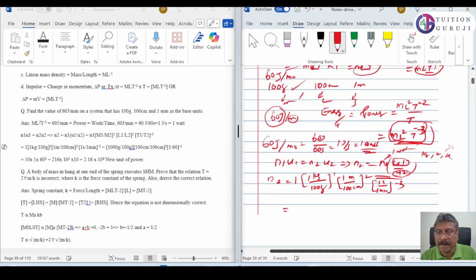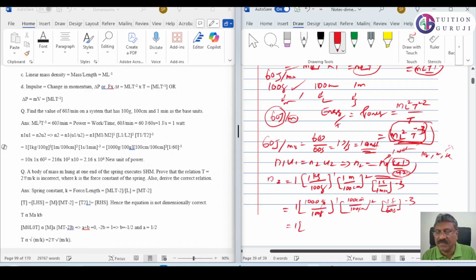So it will be 1 into 1 kilogram converted to the same unit, 1000 gram per 100 gram raised to 1, into 1 meter is 100 centimeter by 100 centimeter, squared, into 1 second by 60 second, raised to minus 3. So gram will get cancelled, cm will get cancelled, second also will cancel.